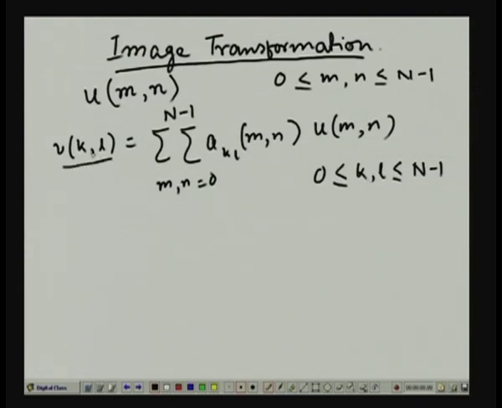From this V k l, which is in this case the transformation matrix, I can get back the original matrix u m n by applying the inverse transformation.